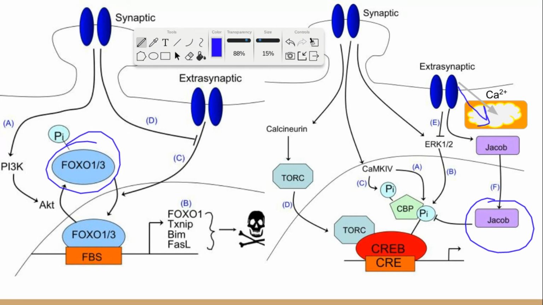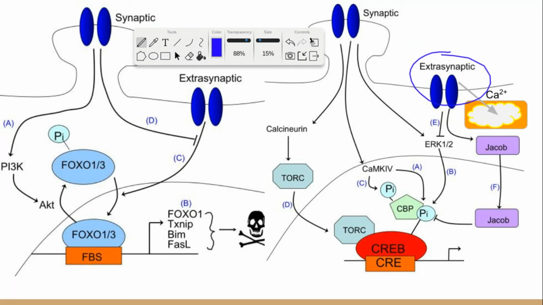And these proteins promote apoptosis. But the precise mechanisms of how these extrasynaptic NMDARs activate Jacob or FOXO3A isn't understood. But it's a very interesting phenomenon that the location of these ligand-gated calcium channels makes a big difference in terms of what's going on later in the nucleus.